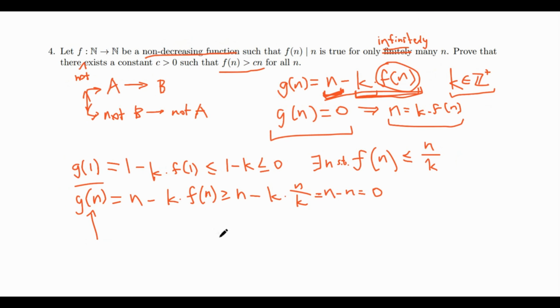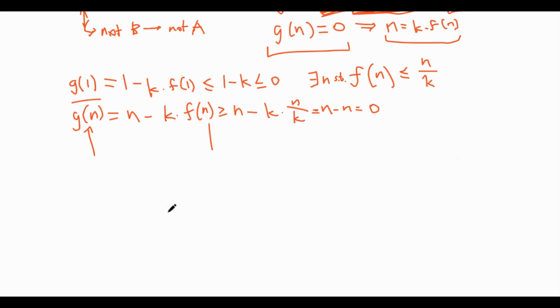So therefore we are done, because if we consider a graph of g, if this is 1, then g of 1 is somewhere around here, and then at 2, it might be somewhere around here.